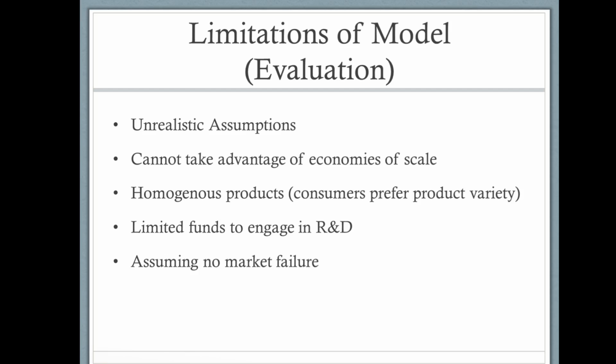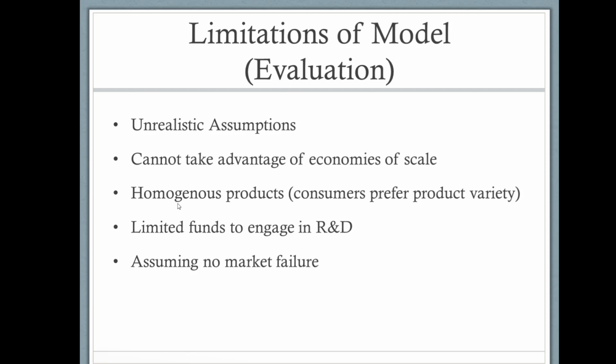So there's no way we can differentiate ourselves and try to make more products, try to make our firms bigger. There's no way we can do that. So that's why this is one of the limitations too. And the third one is just to supplement the second point here.